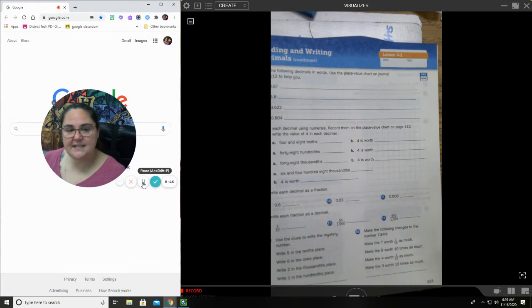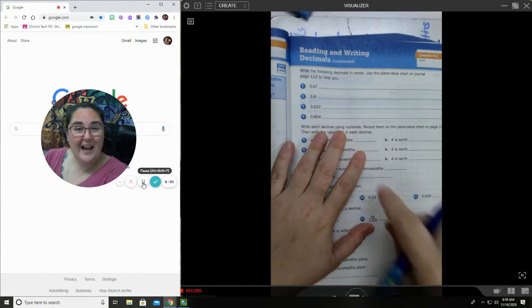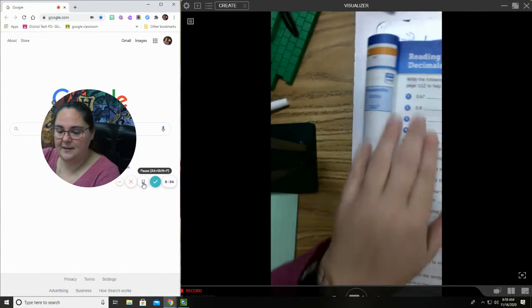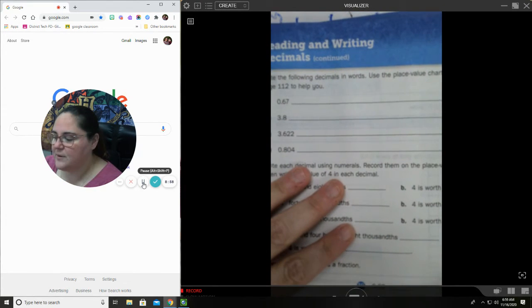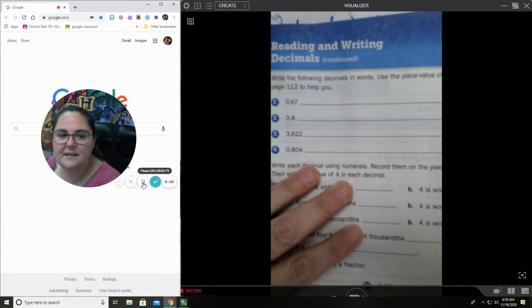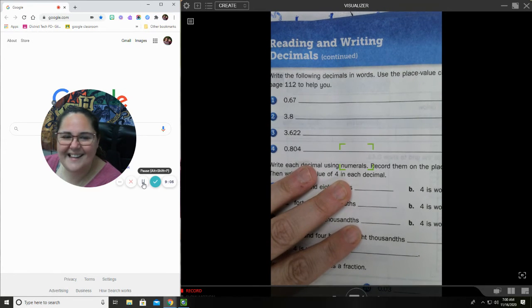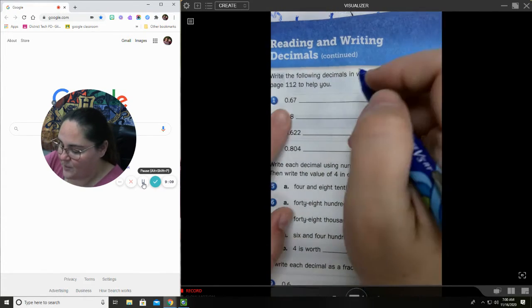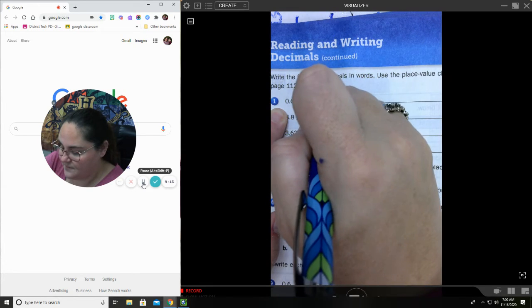Page 113. It says to write the following decimals in word form using the place value chart to help us out. So I'm going to, again, go through my hints. My number, 0.67. Hang on, let me focus it again. There we go. 0.67. So I'm going to use my trick. What's before the decimal? 0.